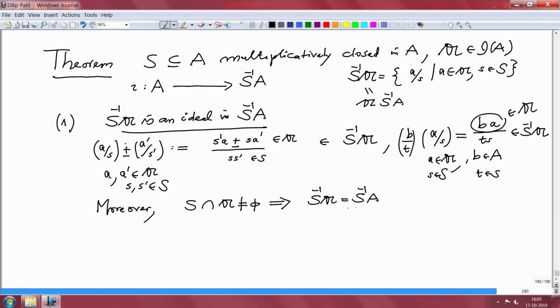I want to show this is the whole ring, that means I want to show this has some unit in it. But now this is non-empty, so there is an element S in S intersection A. But S is allowed in the numerator and it is also allowed in the denominator. So, therefore, S by S belongs here, but this is 1 by 1. Therefore, it is the whole ring. All right.